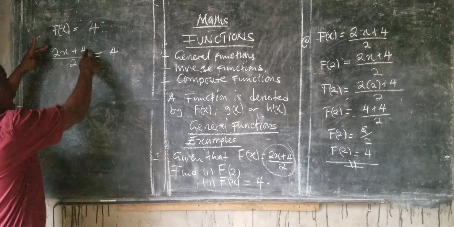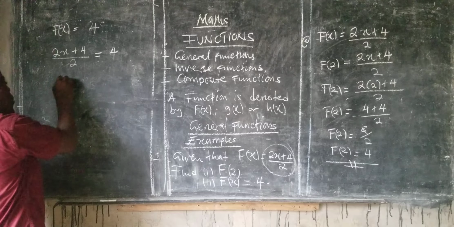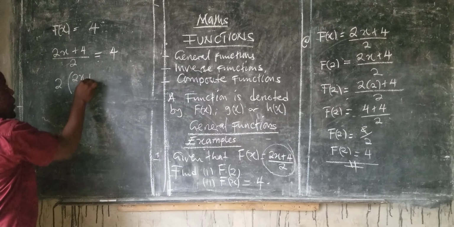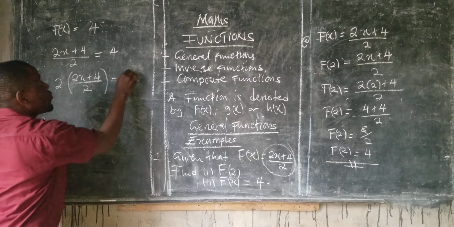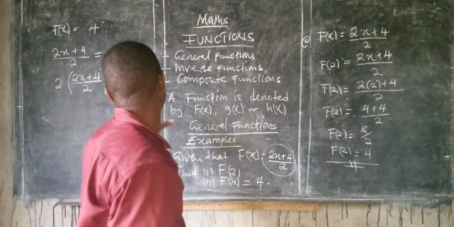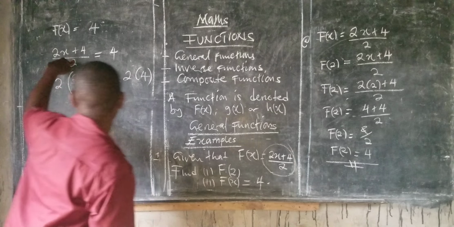You multiply both sides by 2: 2 times (2x plus 4 over 2) is equal to 2 times 4.